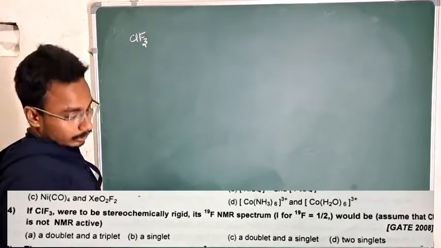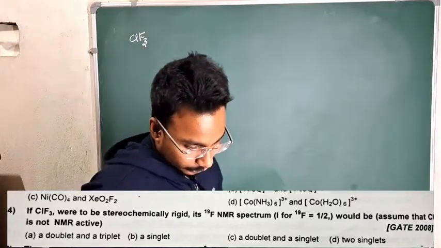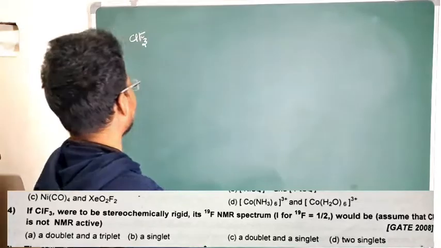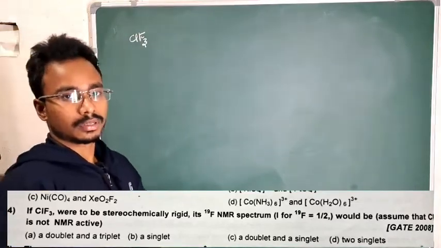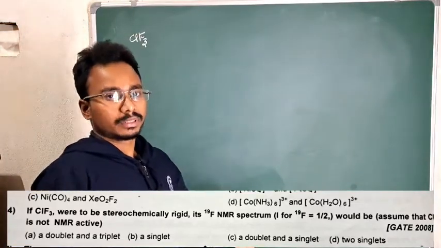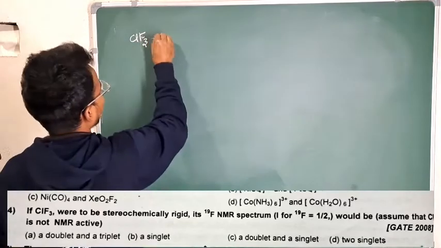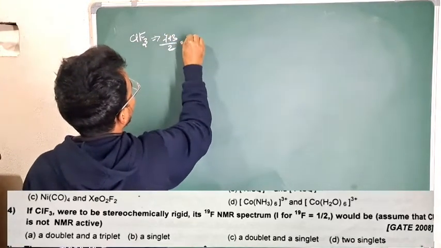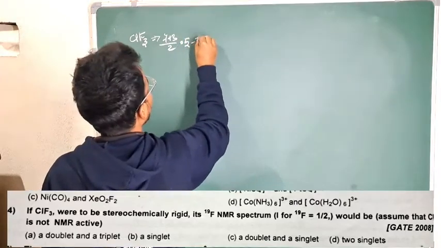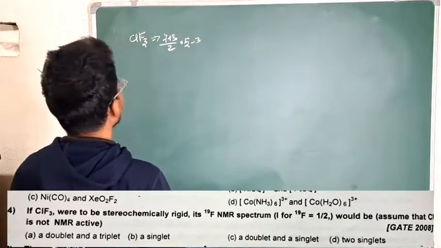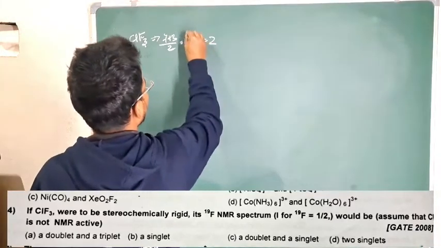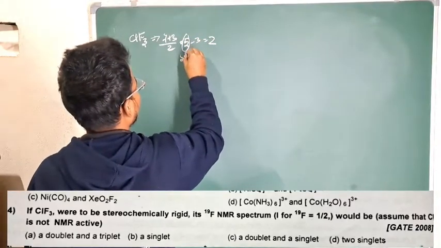If they are giving you a compound and asking about the spectrum, you should know the geometry and how to find the geometry from the hybridization. So let's do 7 plus 3 by 2 equals 5, 5 minus 3 equals 2, and this is the hybridization, sp3d.